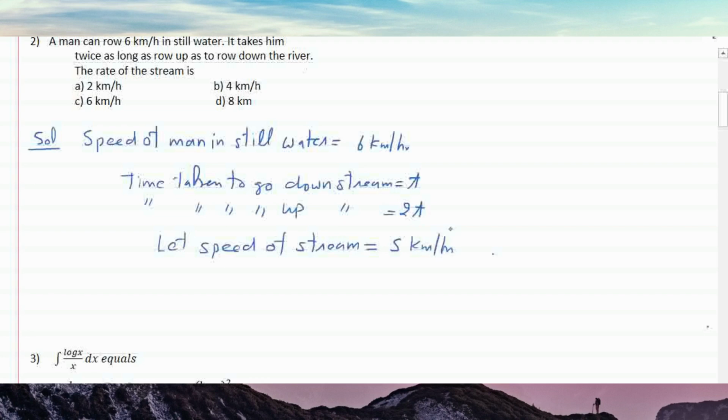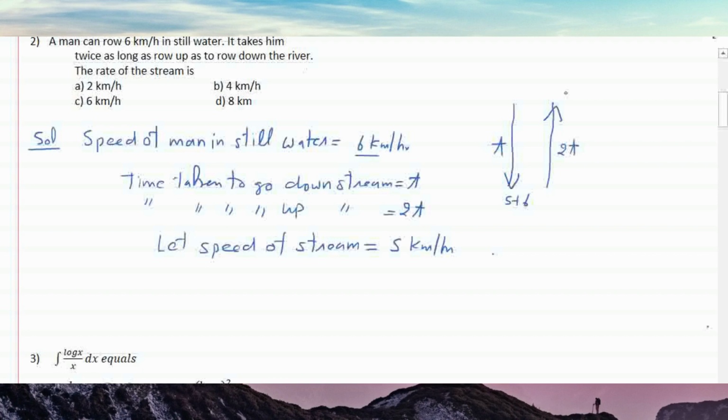So you can understand one thing from here. Let us see this diagram. This is down the stream, this is up the stream, right? Now suppose this time is t, here he says this time is 2t. Secondly, the speed of stream is s. So when this person goes down the stream, the actual speed will be s plus 6.